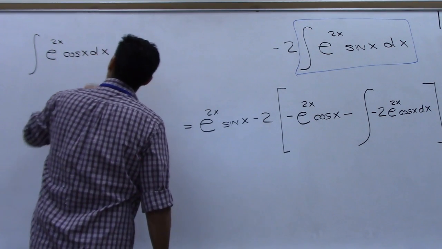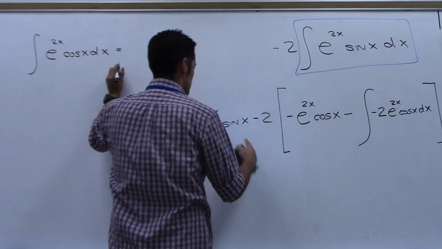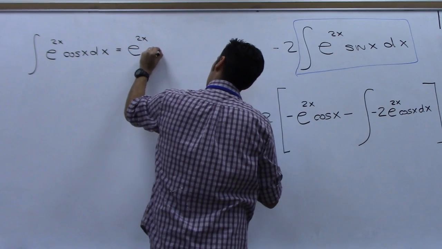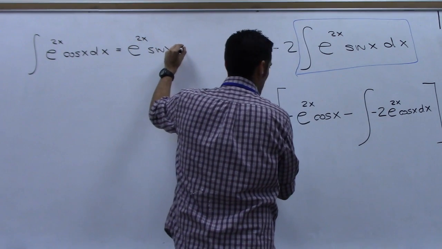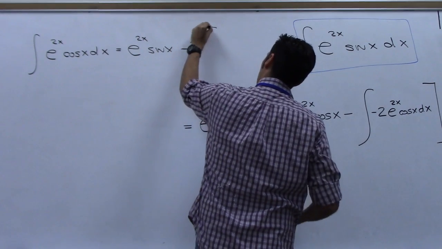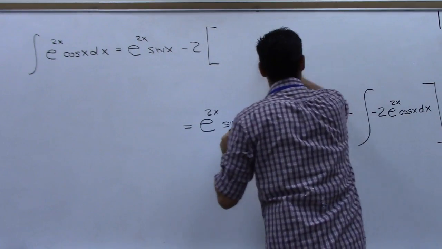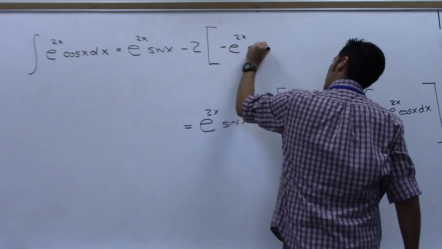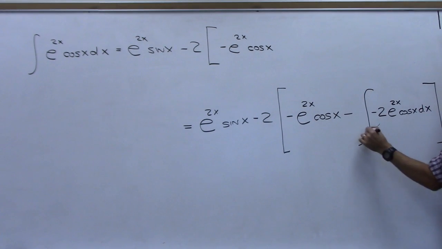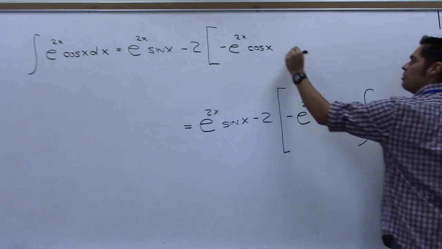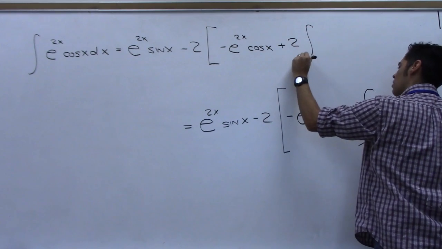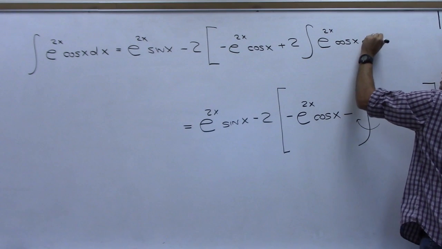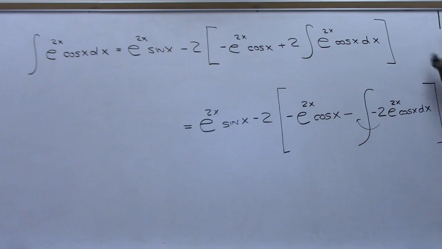We're saying that it's equal to this right here, which is e to the 2x sine x minus 2 bracket, negative e to the 2x cosine x. And then when we pull the negative 2 out, it becomes plus 2, so we get plus 2 integral e to the 2x cosine x dx, close the bracket. Any questions?